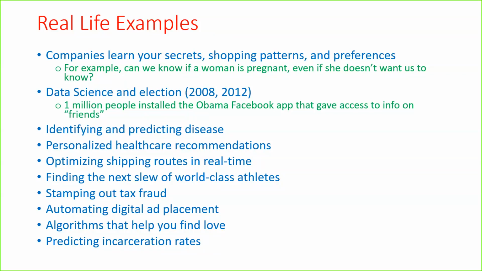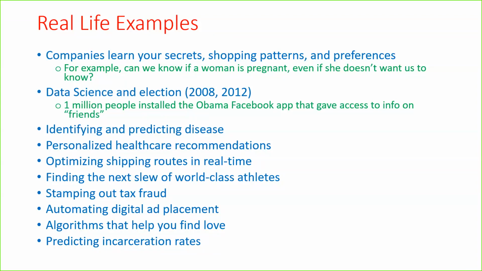All right. So once you have this information, you can make the recommendation accordingly. You can make the recommendation that is suitable for the pregnant women, or you can make a recommendation of medicine or hospitals, whatever, right? So similarly, data science and the election. 1 million people installed Obama Facebook app that gave access to the information on the friends.